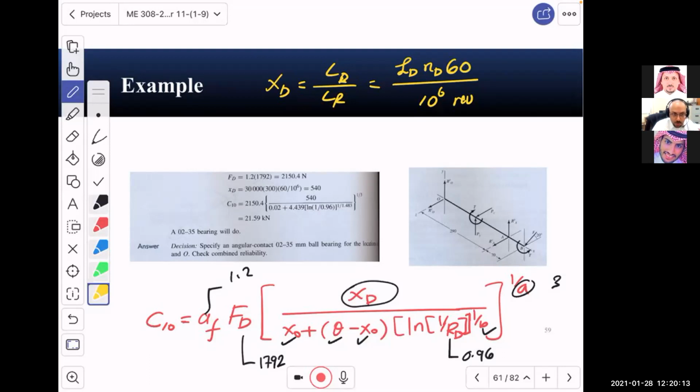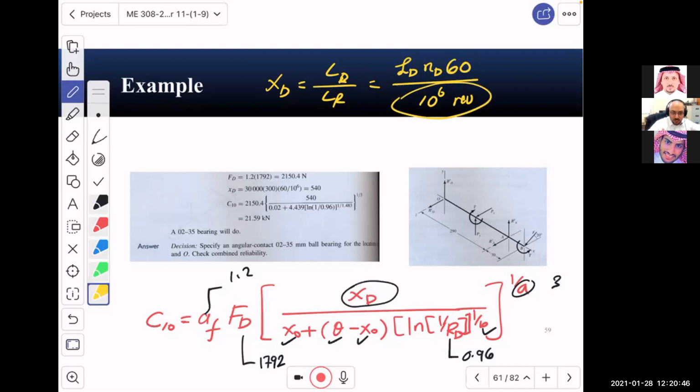Now look at the beauty here. We do not need to care what the rated hours and rated speed were. We used the rated revolutions, and that's it. All I need to do is to convert my need, which is 30,000 hours and 300 RPM, into desired revolutions.